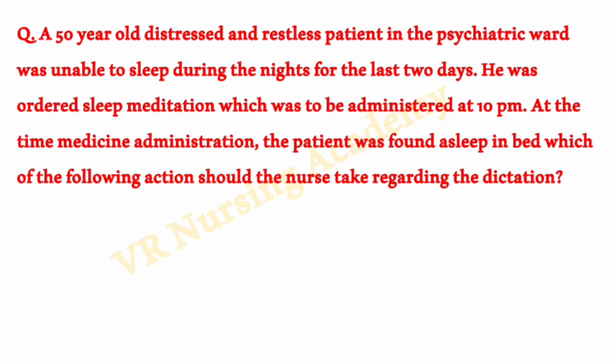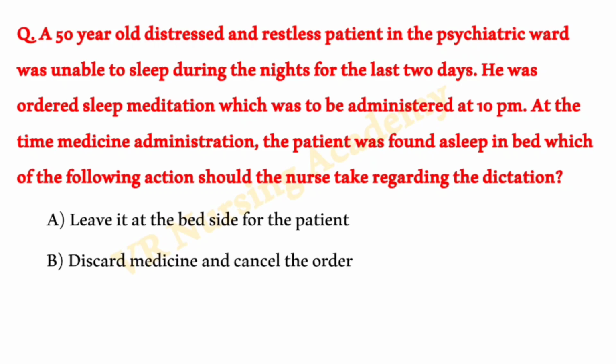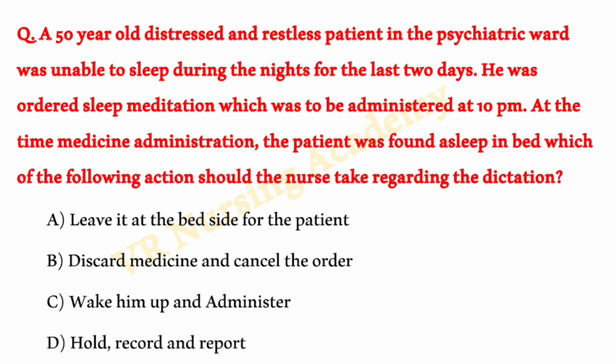Which of the following actions should the nurse take regarding the medication? Option A. Leave it at the bedside for the patient. B. Discard medicine and cancel the order. C. Wake him up and administer. D. Hold, record and report. Which correct answer is? Option D. Hold, record and report.